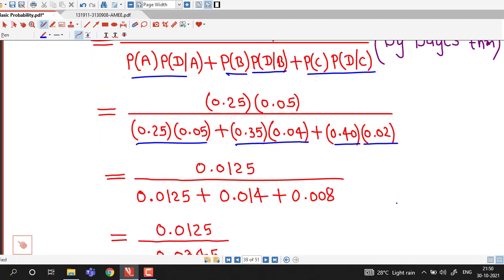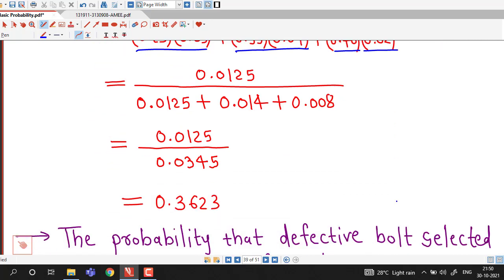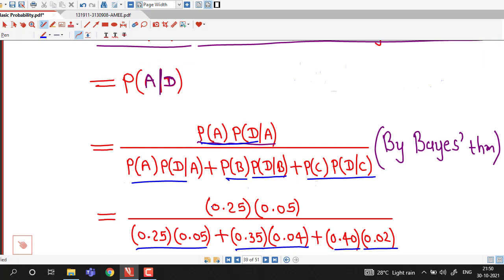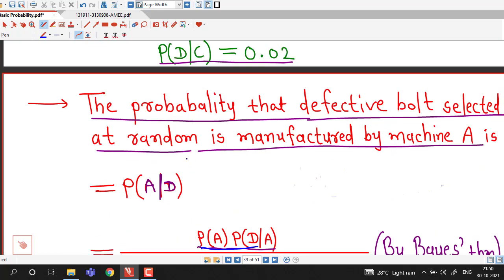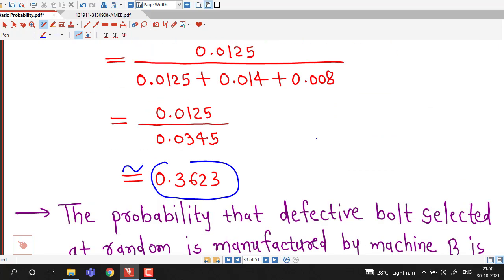After doing all these calculations, we obtain this probability approximately, up to 4 decimal places, as 0.3623.